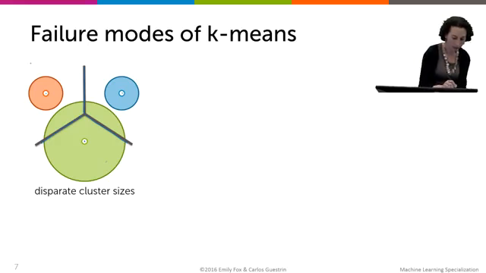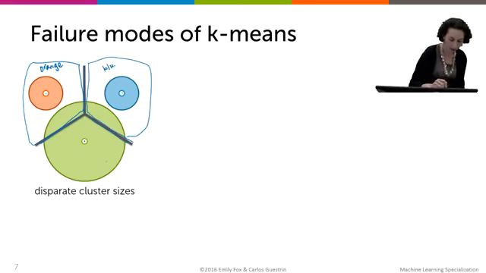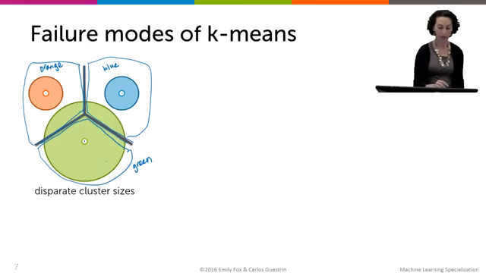So it's saying everything in this region is getting assigned to this orange cluster, and everything in this region here is getting assigned to this blue cluster, and only the things here are getting assigned to this green cluster. So what's happened is it's taken observations that appeared in this green cluster, and it's going to make assignments of these data points to the wrong clusters, to the orange or to the blue cluster.